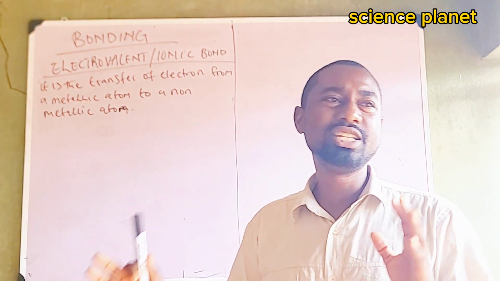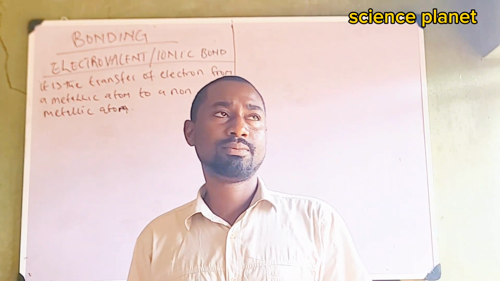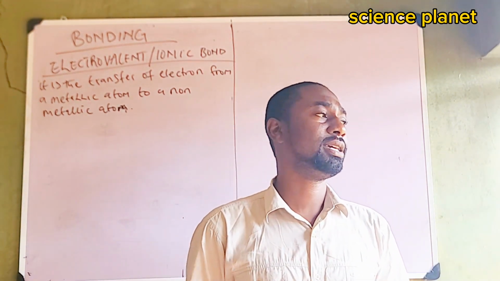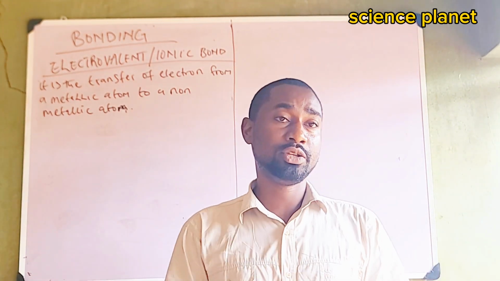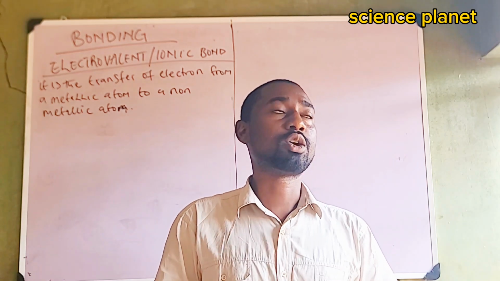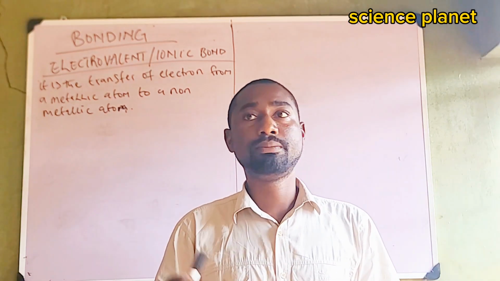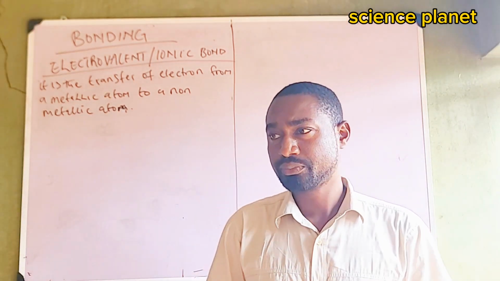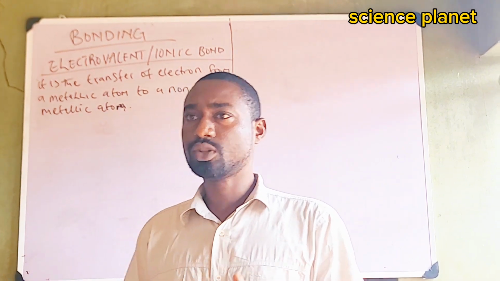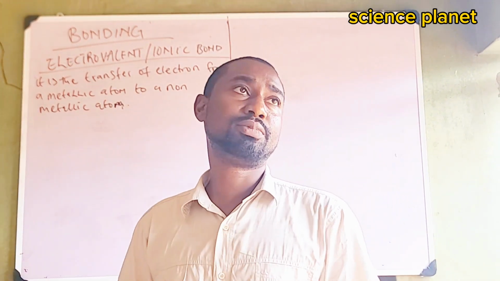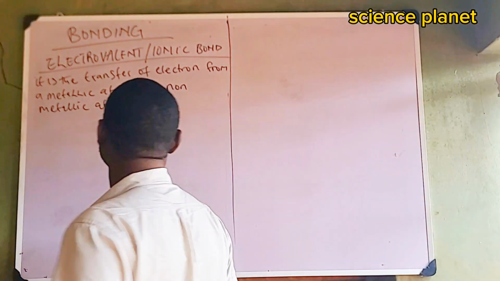Note the fact that it deals with metal and non-metal. So for you to identify an electrovalent or ionic bond, the compound must contain metal and non-metal. Now let's look at examples of electrovalent bonds.